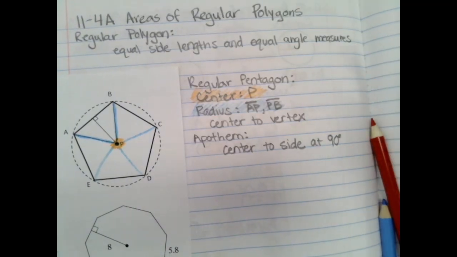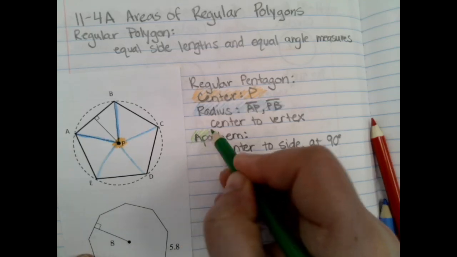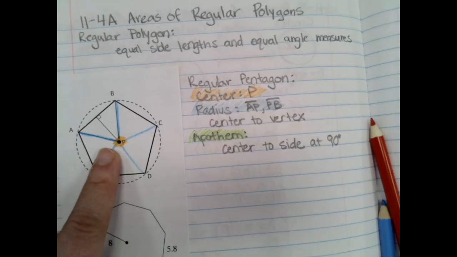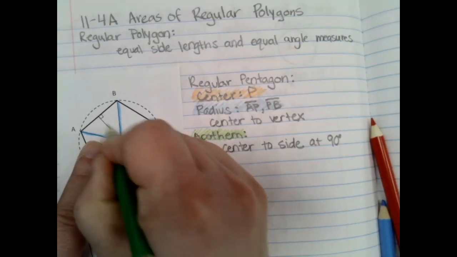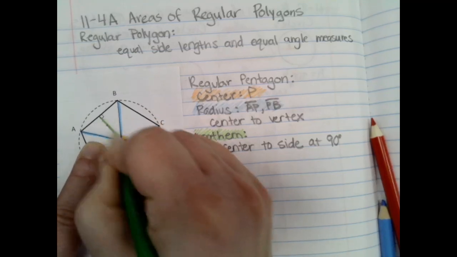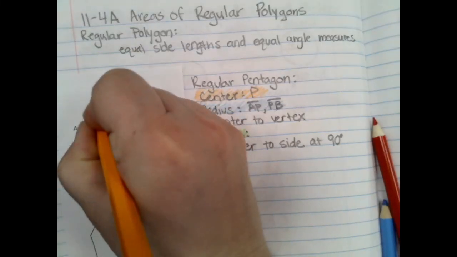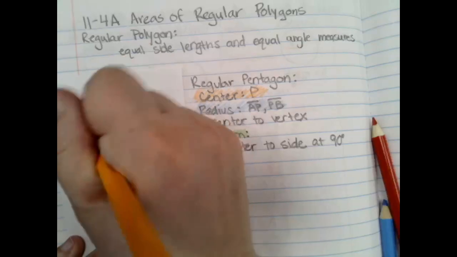I'm going to use green for that one. So our apothem here would be from P, and then it goes to the side here. We don't have a letter there, so we need to make one there. Let's make it M. So we'll put an M there. It's a really bad M.